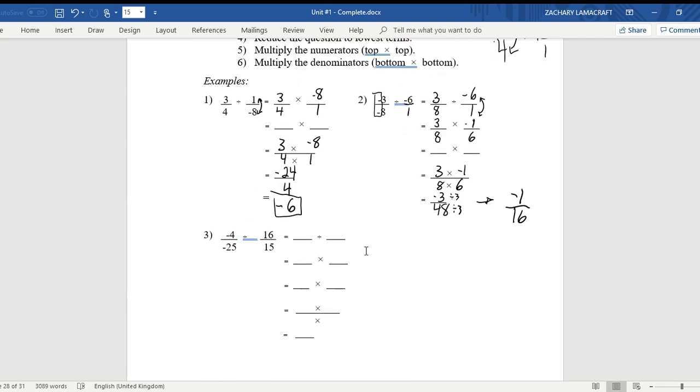Last example here. Okay, so if we look at our next question, remember that we have 2 negatives there, so we'd rewrite that to be 4 over 25, okay?